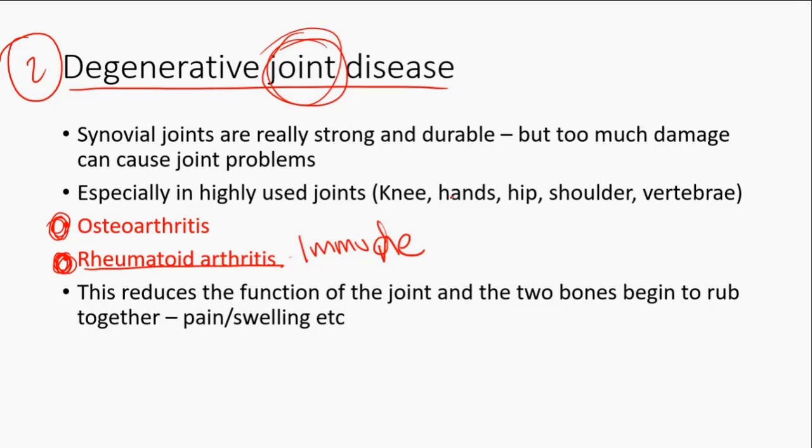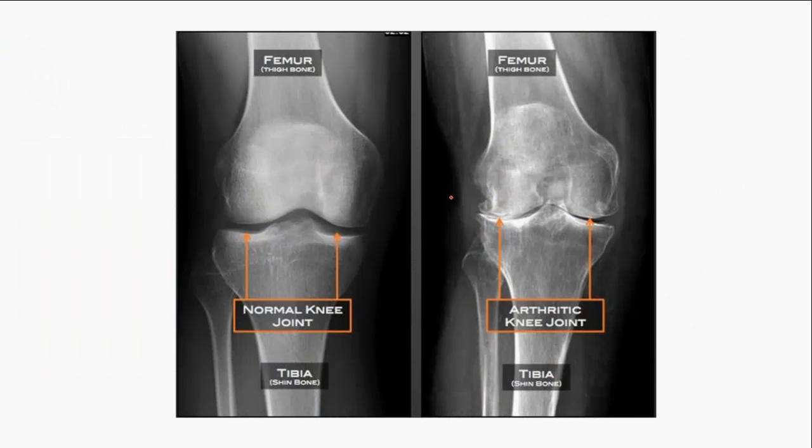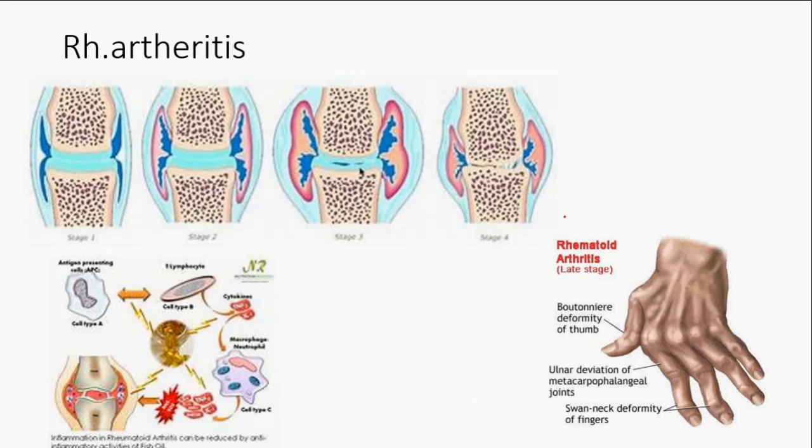Okay, so you can see here, this is osteoarthritis. This is a normal joint, and here you can see the bones are now fusing together. They're coming together and they're scraping because there's no more protective layering between them. This is rheumatoid arthritis, so you can see here a very healthy protective layer between the two bones.